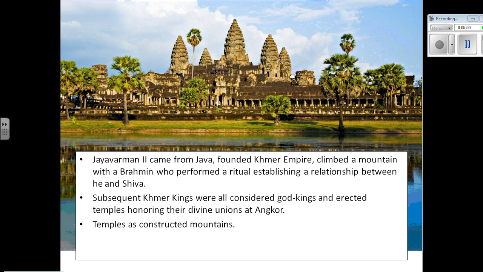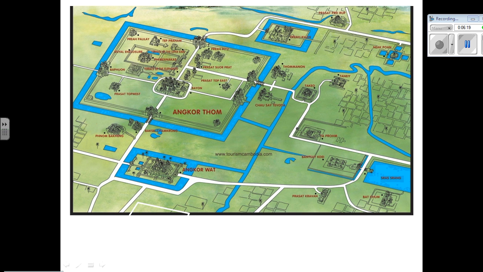There's also a reference here to the primordial mountain in Hinduism, Mount Meru, from which the entire universe was created. And the Khmer Empire also believed that when the king died, he was reabsorbed into the god. It's a very striking similarity to the ancient Egyptians. All right, so let's look around here.